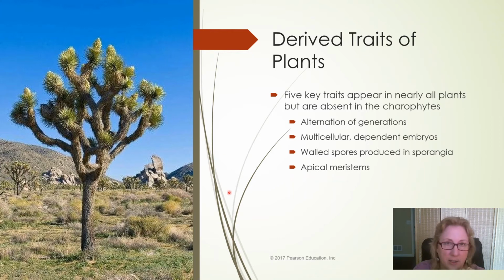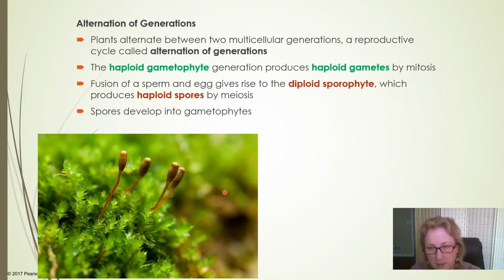And that is not a characteristic of charophytes either. Walled spores, which is where we find sporopollenin as well, and also apical meristems. We'll talk about what those are. So alternation of generations is really important in studying plants.